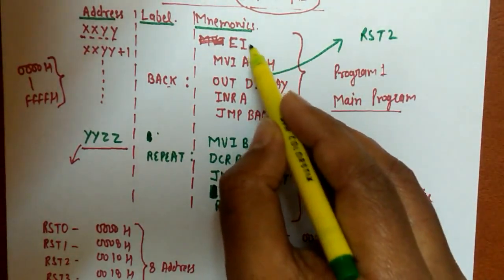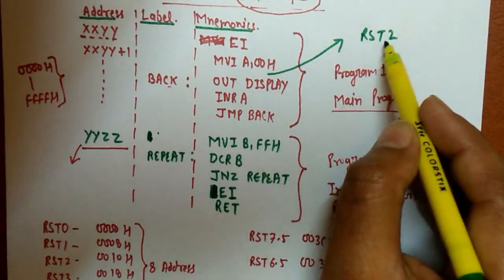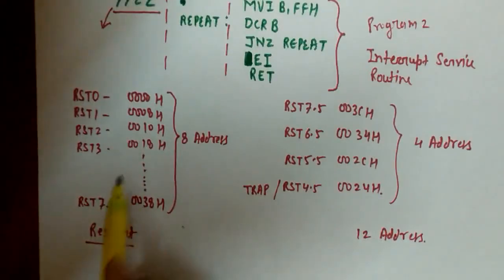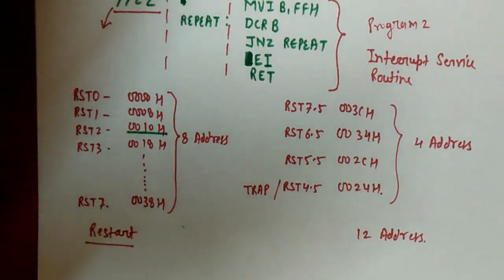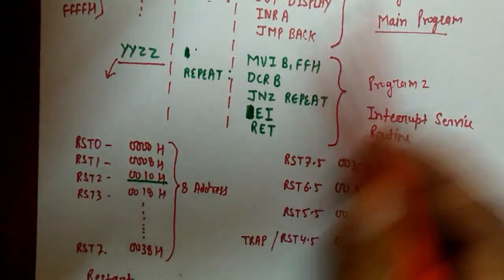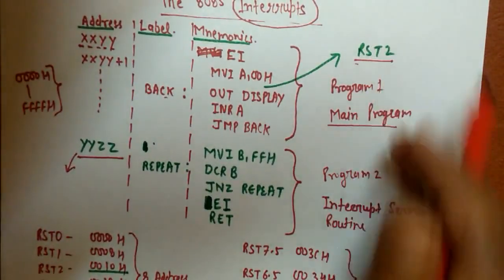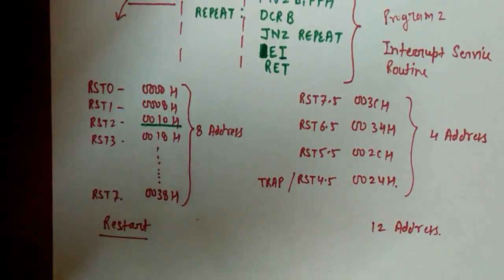The microprocessor will run this instruction, then this instruction, and when it encounters RST2, the microprocessor's control will be transferred to the address 0010H. That means now we may jump to another address by using an instruction, that means by using software. That's why all of these are called software interrupts.